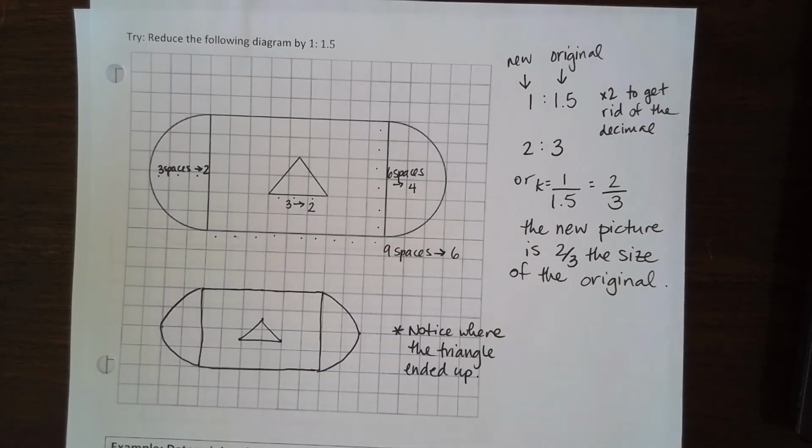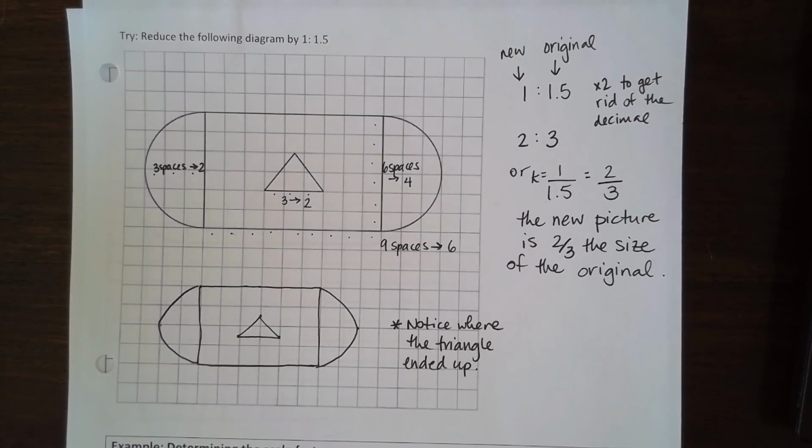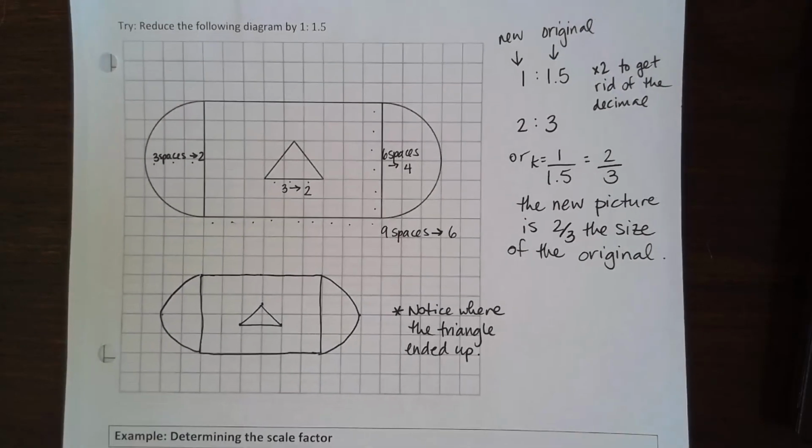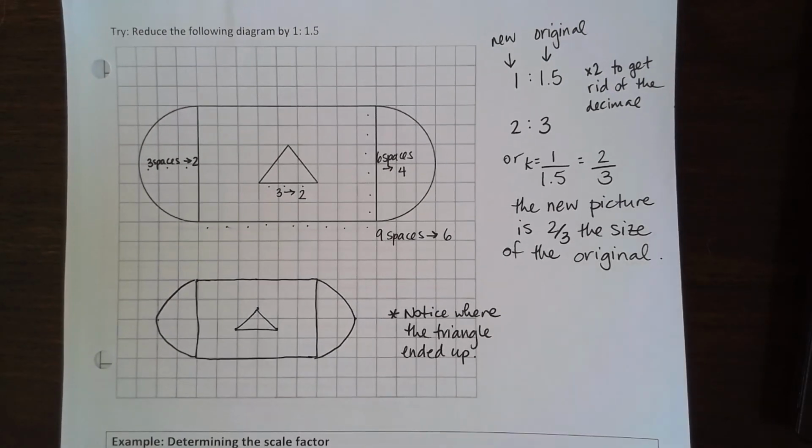Okay, you have to do a little bit of estimating to get the height of this triangle here, but that should work out for you. Okay, so hopefully your picture looks something like mine. Maybe you drew your circles a little bit better too.